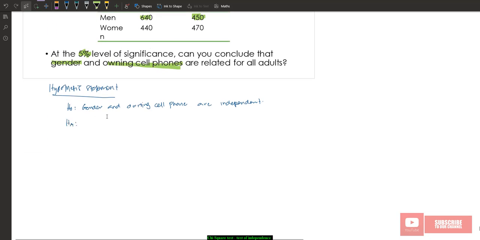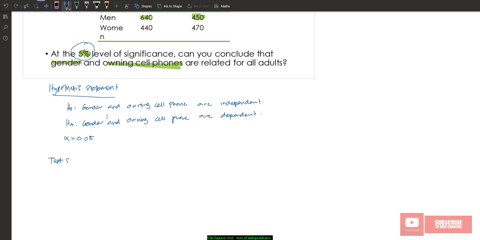Alternative hypothesis: gender and owning a cell phone are dependent, means related, right? So our alpha is 0.05, this is the 5% level of significance.